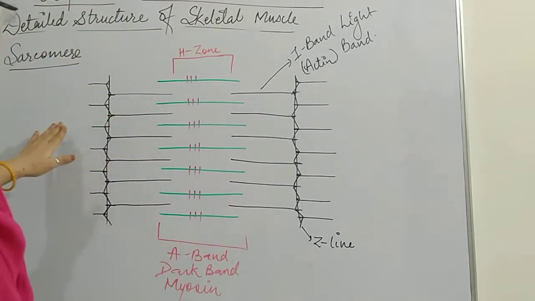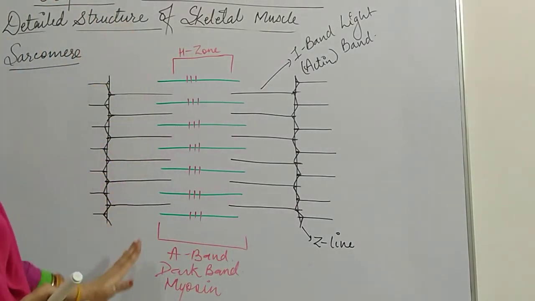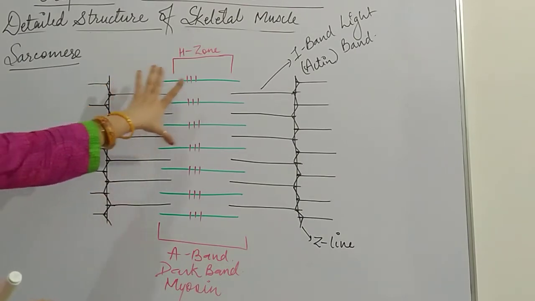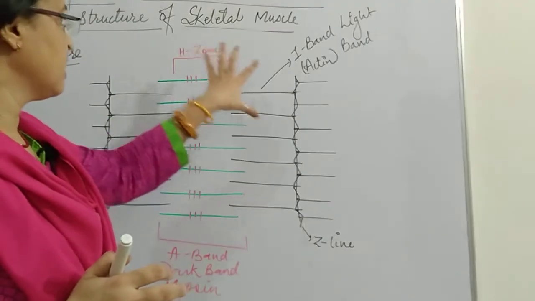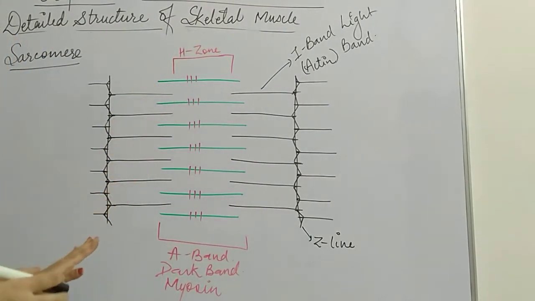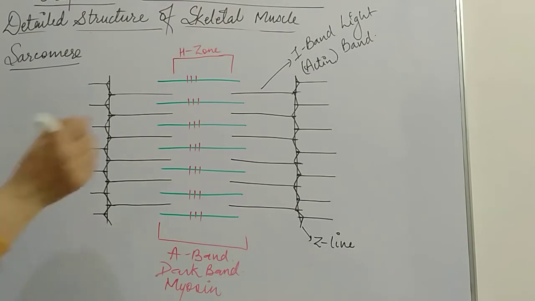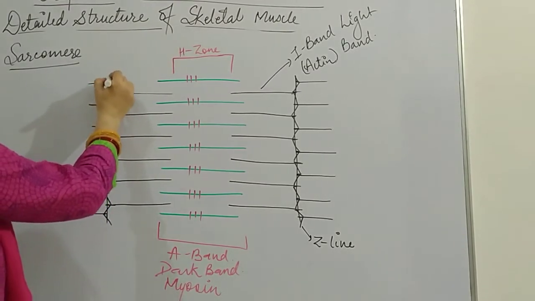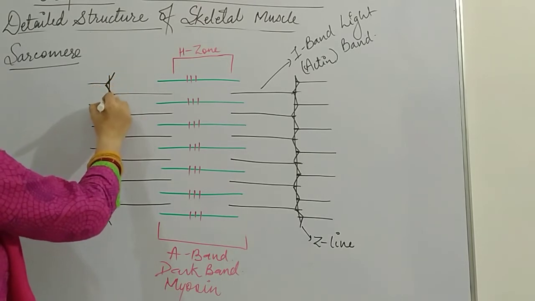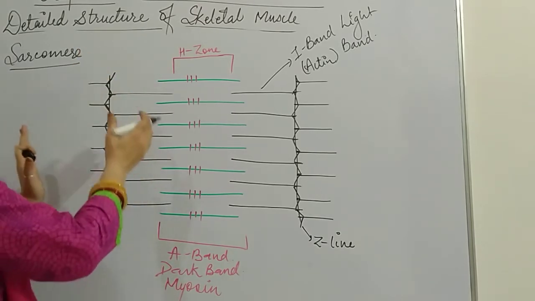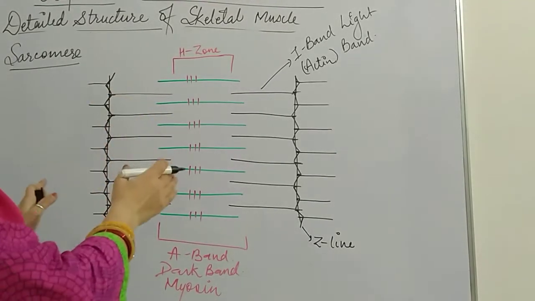So you can see over here, this is the light band, this is also a light band, and in between it is the dark band. So just look at the diagram along with the labeling. This line is the Z line, which divides the I band into two halves.